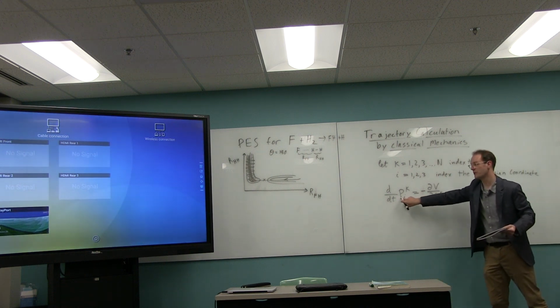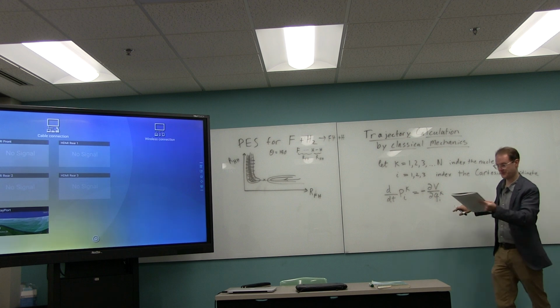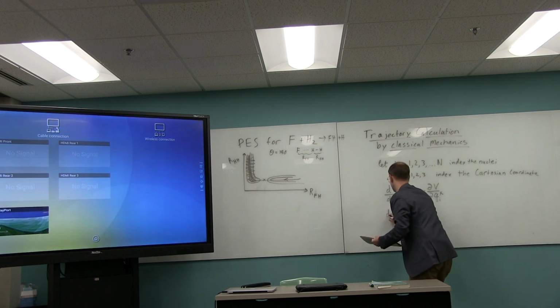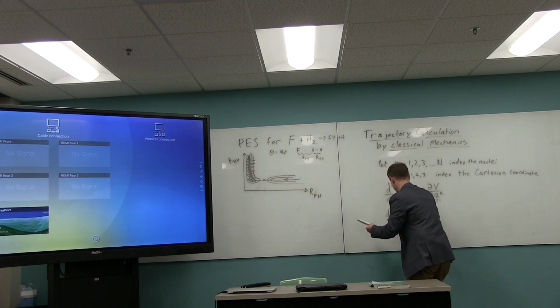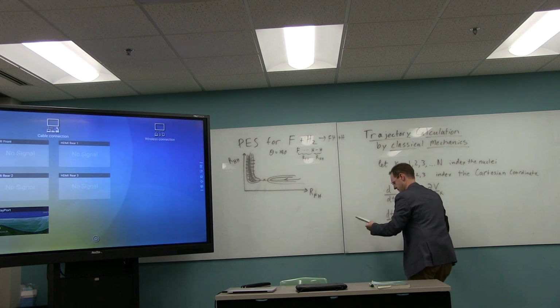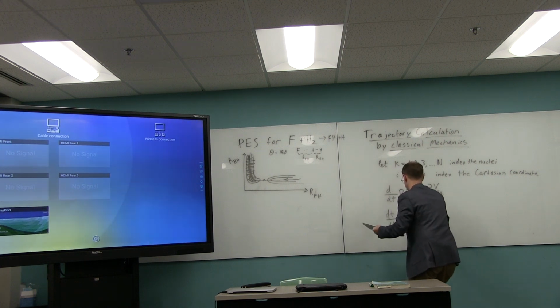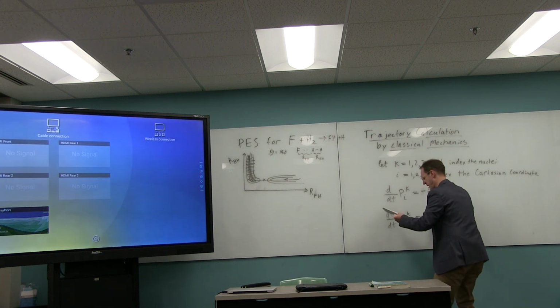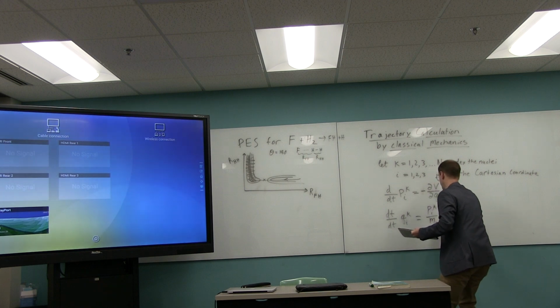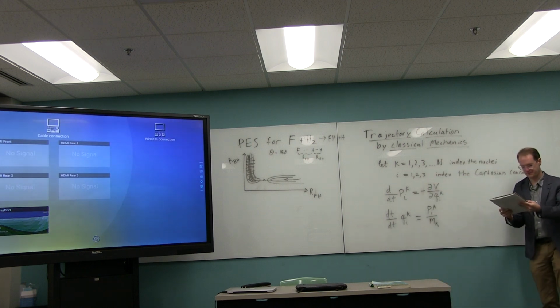Right, so p means momentum, q means position. Okay, and then the rate of change in the position, rather, I should say, is just the momentum divided by the mass. Okay?